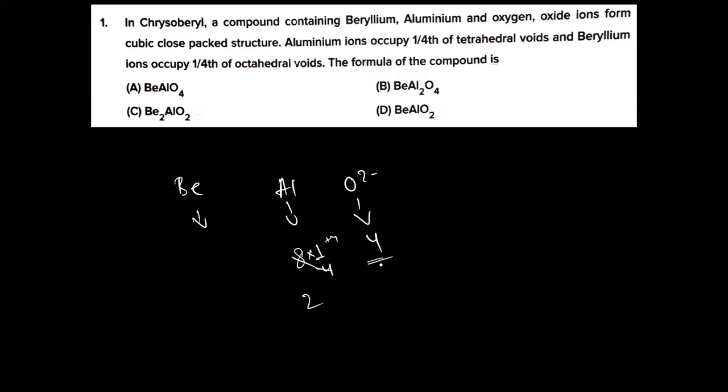So in a cubic close packed structure, if number of particles are 4, then octahedral voids are also 4. And in that 4, 1/4 of octahedral voids are occupied by beryllium. So that is 1. So the compound formula will be BeAl2O4. That is option B.